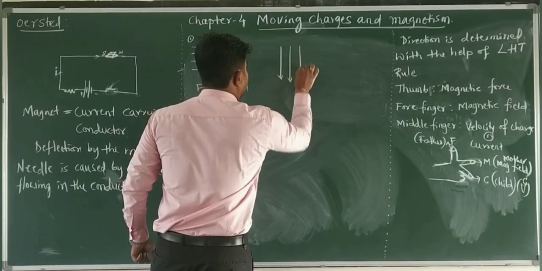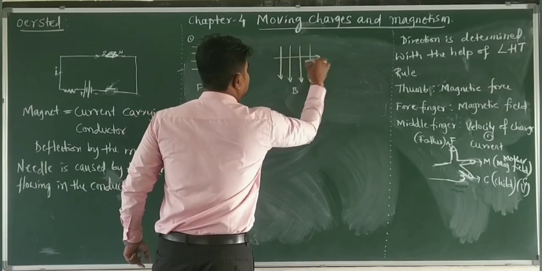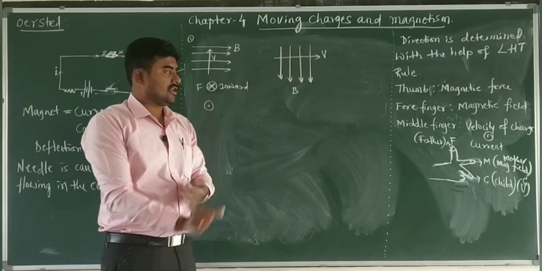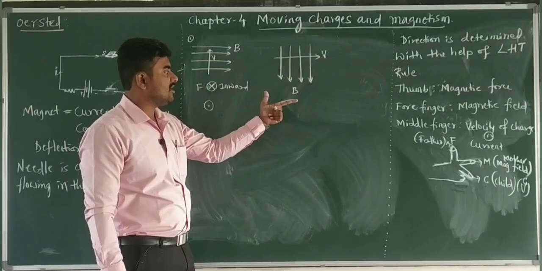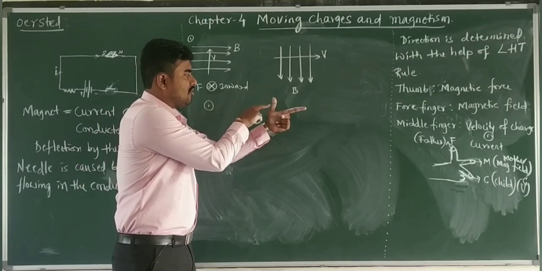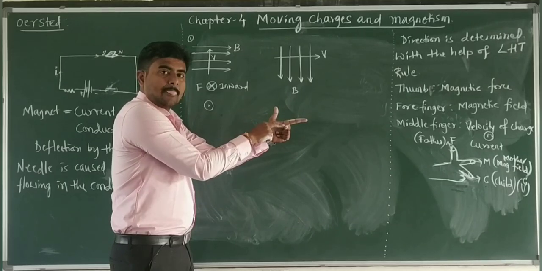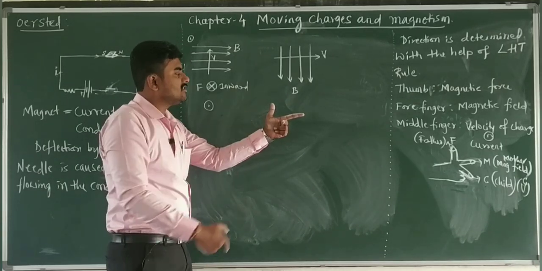This is direction of magnetic field, and this is velocity. This is the direction of velocity. See, once again we are supposed to use our left hand. The direction of magnetic field is downward. This is father, mother, child: force, field, and motion of charge or velocity of charge. The field is downward.